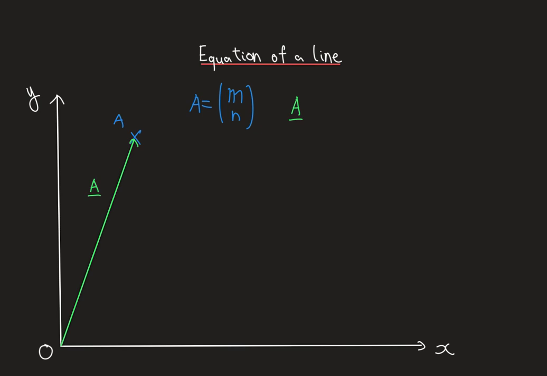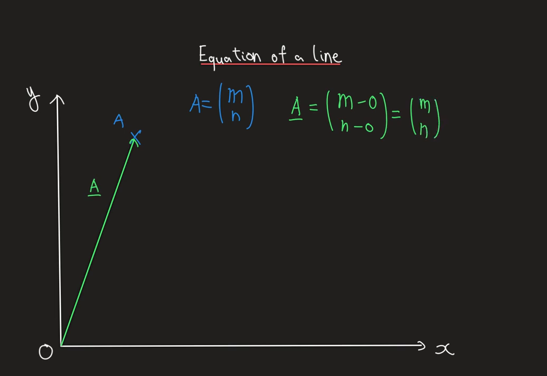So to have the coordinates of our position vector A, we will have to subtract the coordinates of the origin from the coordinates of point A. But the coordinates of the origin are 0 in the x-axis and 0 in the y-axis. Therefore, we will have m minus 0 and n minus 0, which is basically m and n.